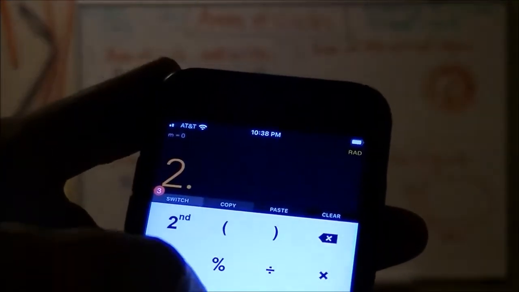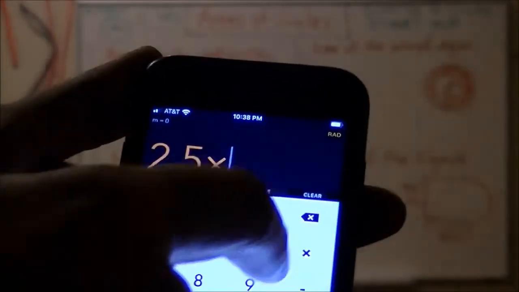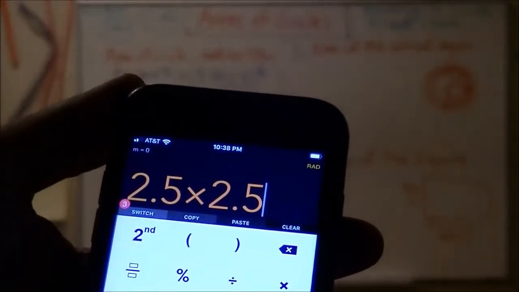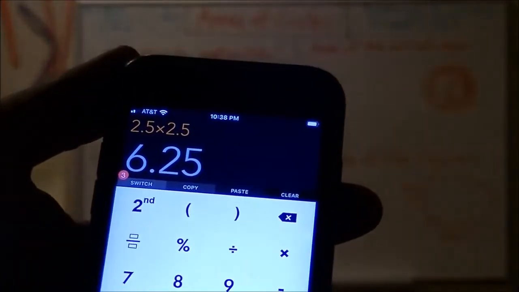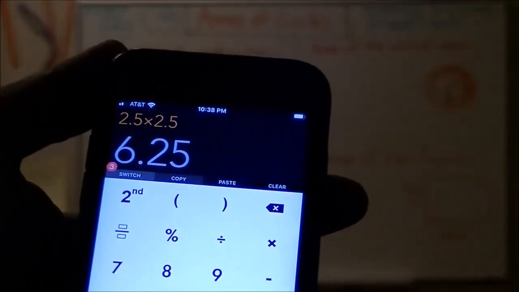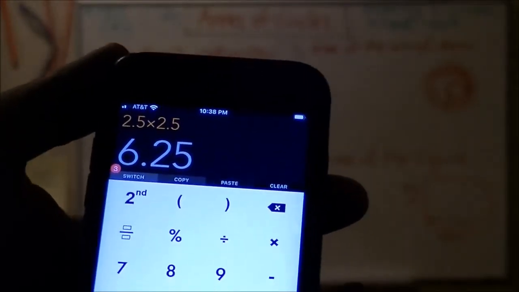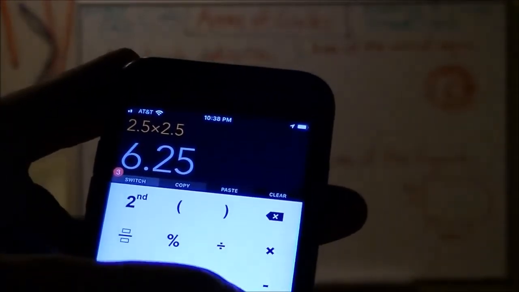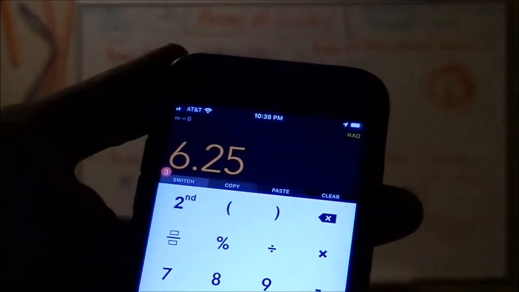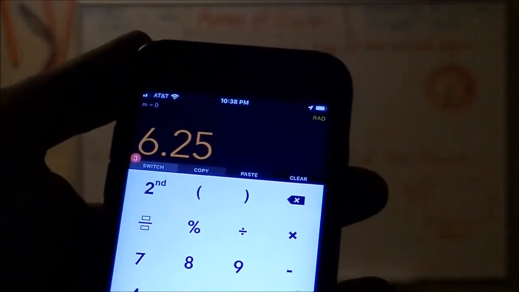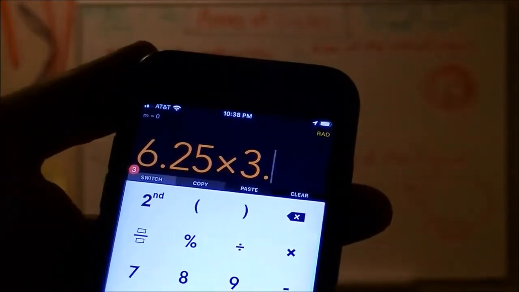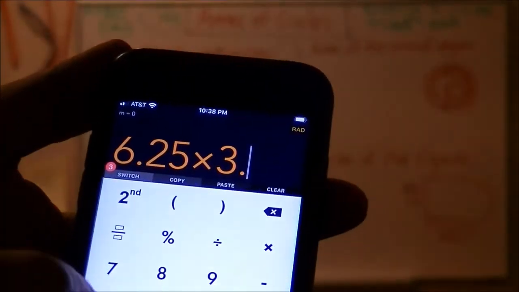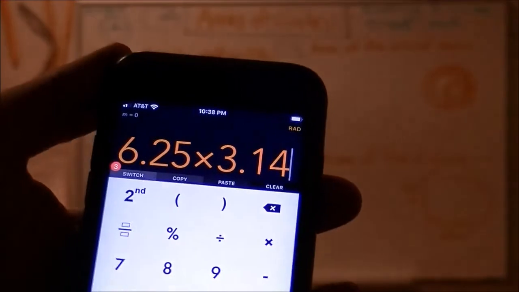We're going to have 2.5 times 2.5, and so instead of doing the squared this time, I'll just put it in my calculator that way. That's really easy. See, it's not 5. It's quite a bit larger than 5. It's 6.25. Now, I don't know if your calculator's this way, but I can just hit the answer button, and then it just leaves me that number right there. And then I'm going to multiply it times what we ascribe the value of pi to be, which is 3.14 approximately.